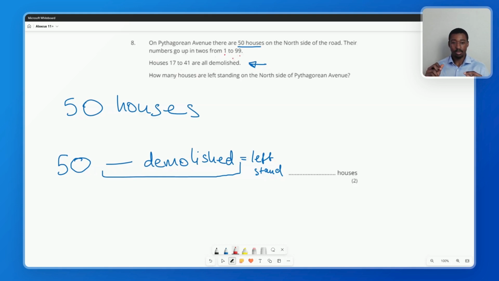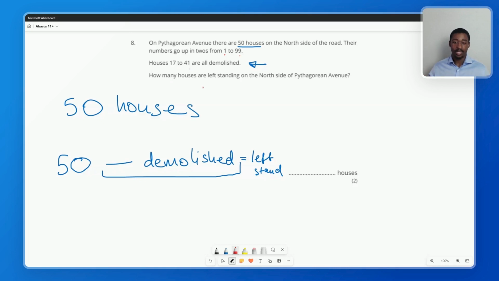So we have number 1, 3, 5, 7, 9, 11, 13, 15, 17. It goes up like that. So if we have 17 to 41, then the houses that are demolished are going to be house number 17, 19, 21, 23.